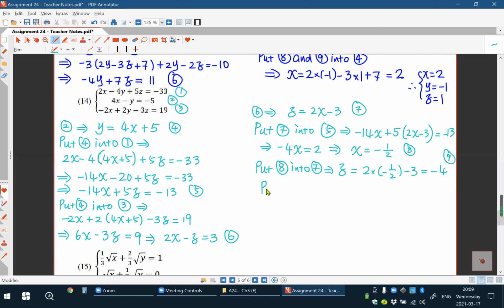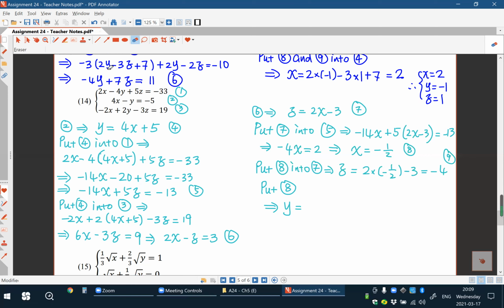And then to solve the other variable, which is y, we can put number 8 back into number 4, right? And this will give you y is 4x plus 5. So there's no z there, so you don't have to put number 9 there.